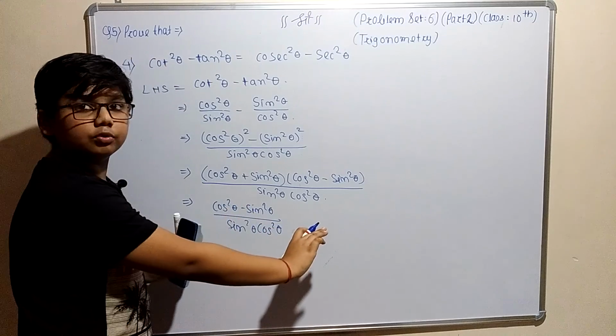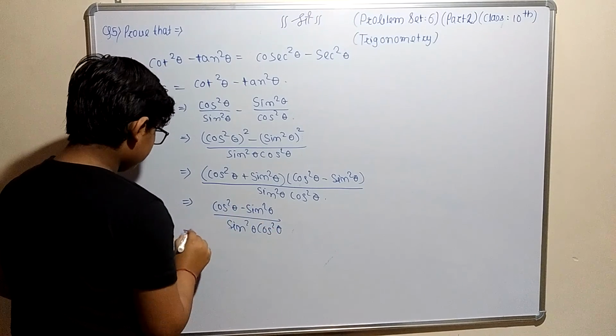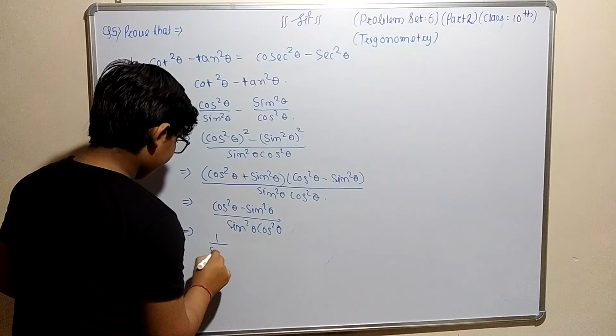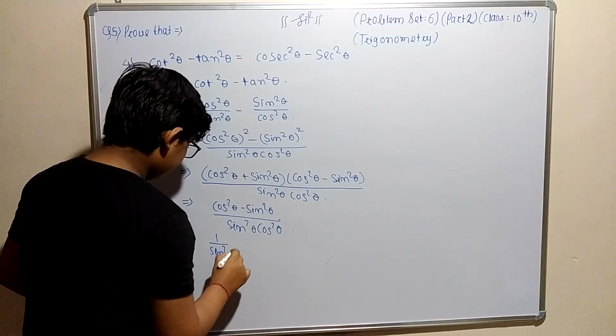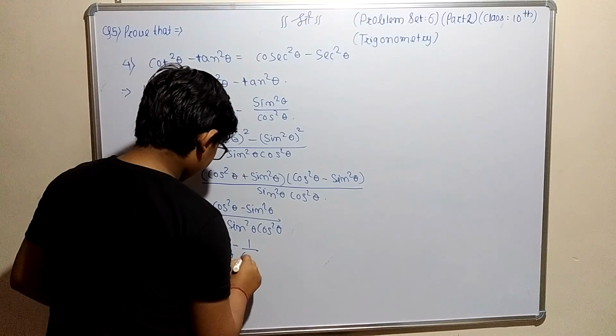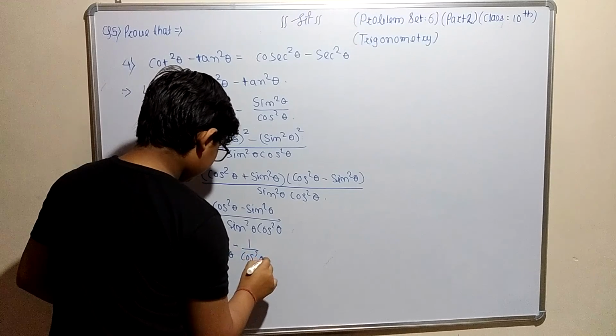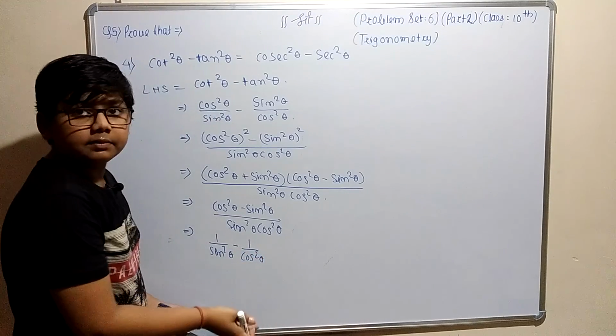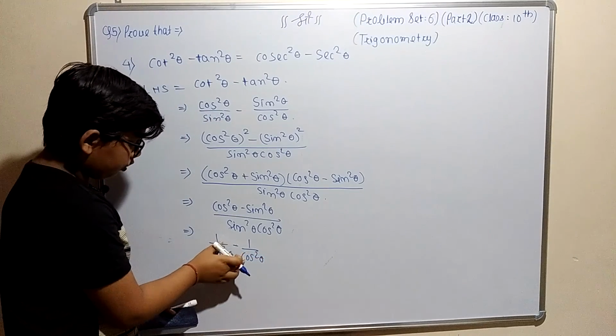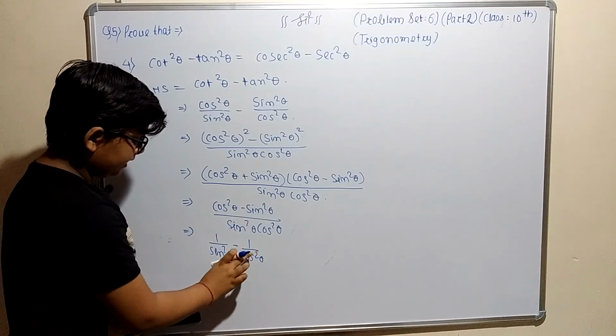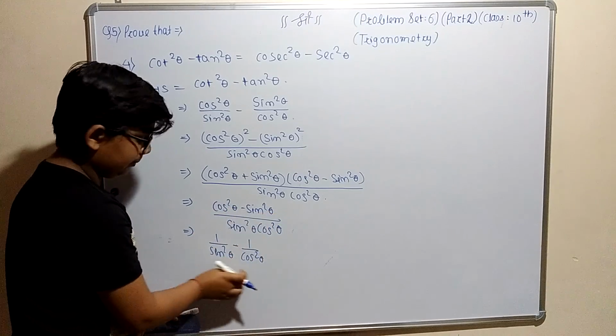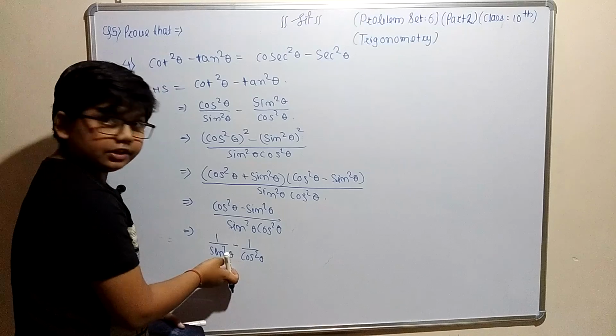Now break it into two parts. When we break it into two parts, we will get 1 by sin square theta minus 1 by cos square theta. You may have a question, why? Because cos square theta into 1, cos square theta minus sin square theta into 1, sin square theta are the denominators. Now we have broken it into two parts.